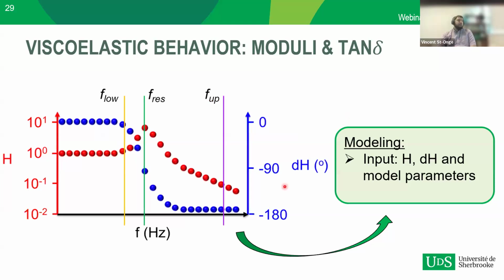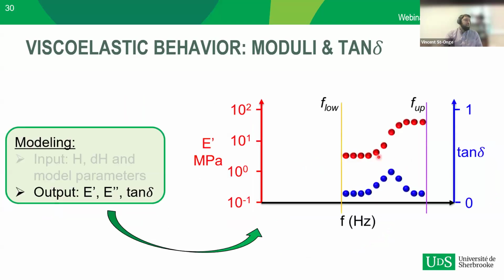And when you have defined your range of validity, you do a little bit of modeling where you input in the software your H and the phase functions with some modeling parameters that you can tune, and then it will output the storage and loss moduli, as well as the tan delta curve.